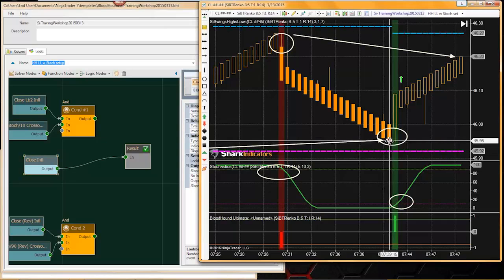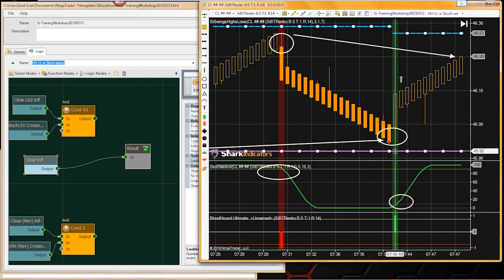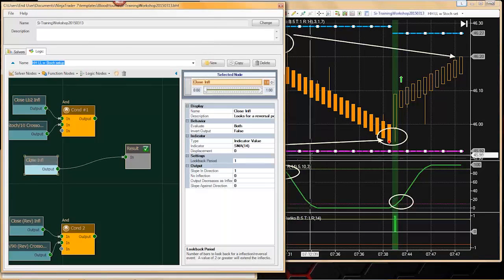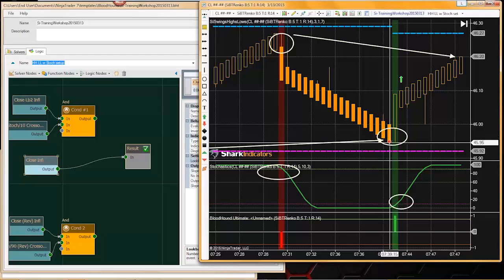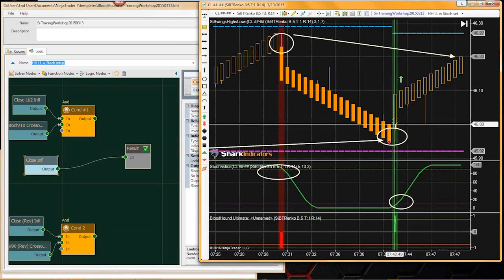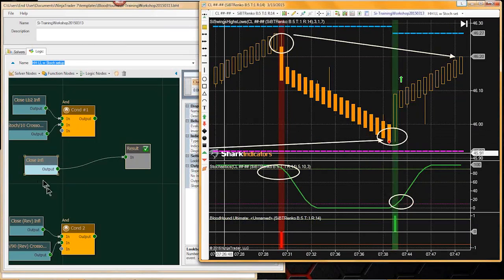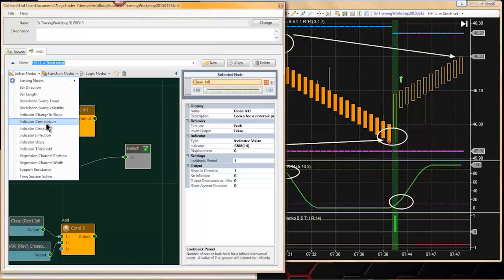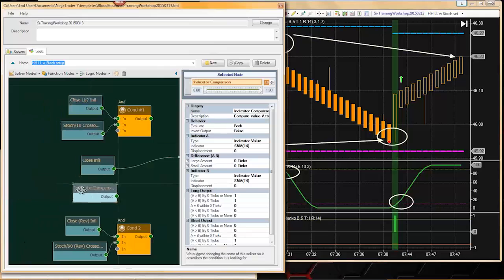So we know that if the low of the bar is higher than our swing high-low plot, a lower high was made, right? But only when we get this reversal bar. So that's why I'm having to use an inflection solver in combination with a comparison solver to actually know when we get this reversal bar here. So, all right, let me build a comparison solver.